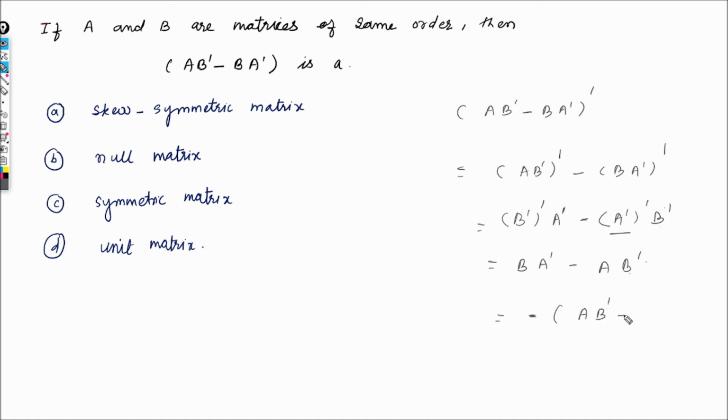So the transpose of this matrix is equal to the negative of this matrix. This transpose of A is equal to minus A. It is a skew symmetric matrix. A will be the answer.